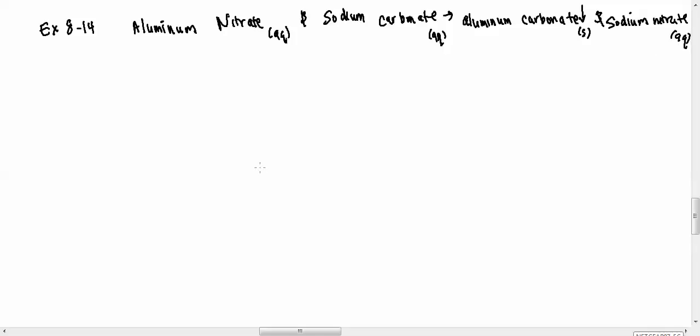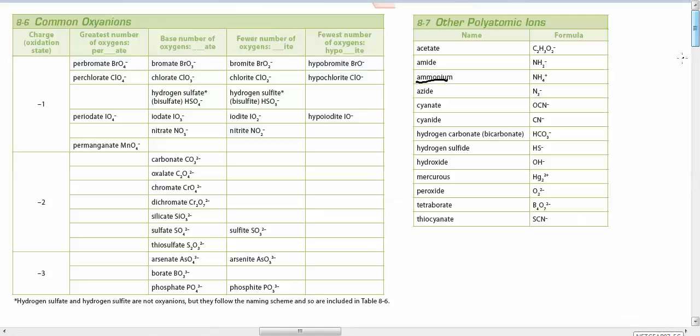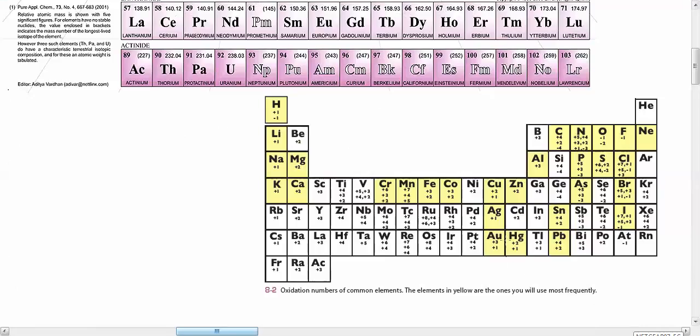Anyway, let's perform the first step before we even get really started in trying to balance this equation. We need to convert these names into their formulas. Let's start with nitrate. Nitrate is NO3 with a -1. Let me just check my aluminum. Aluminum has a charge of +3.